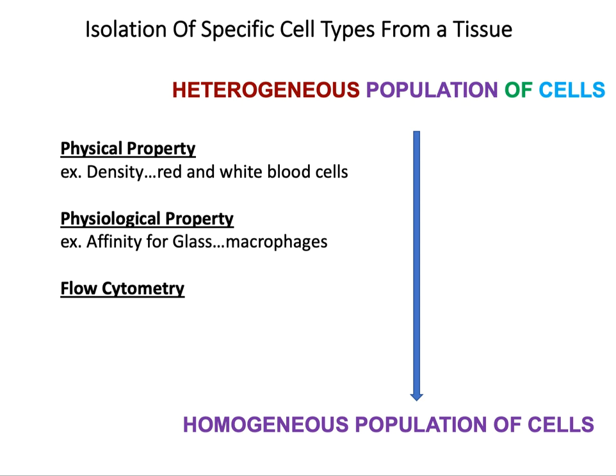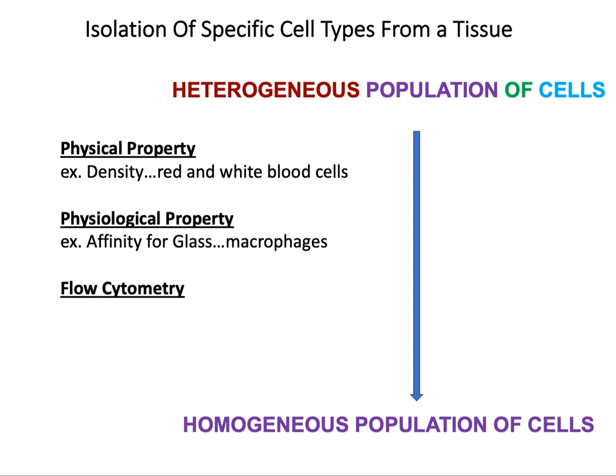So you need to exploit some cell property in order to purify your cell type of interest from this heterogeneous cell population. You can use physical properties such as density. Red and white blood cells have very different densities, so you can use centrifugation to spin out the cells you are interested in. You can use a physiological property.